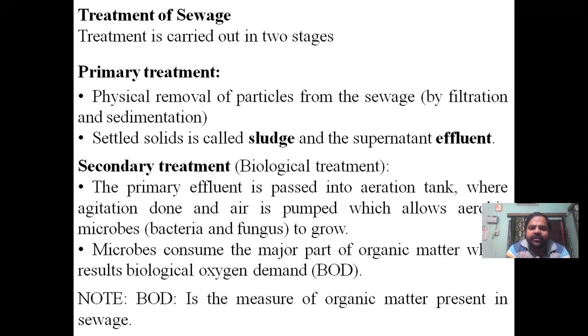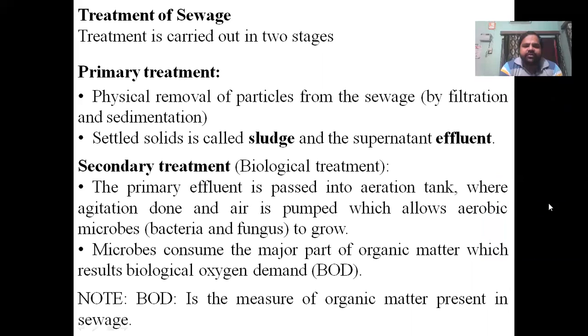In secondary treatment, biological treatment is done. The primary effluent produced in primary treatment is passed into an aeration tank, where agitation is done and air is also pumped, which allows aerobic microbes such as bacteria and fungi to grow.